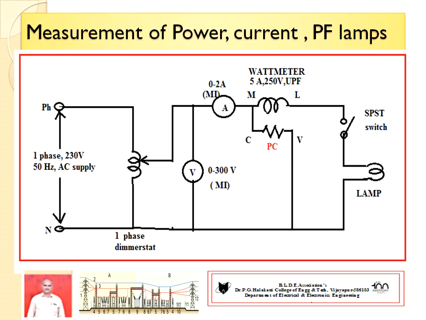One is the current coil that exists between M and L, and another one is known as the potential coil, which exists between C and V. These are internally available. We have to make the connection from M, then from L to the next point, and M and C externally, and V to the next point. Try to understand.